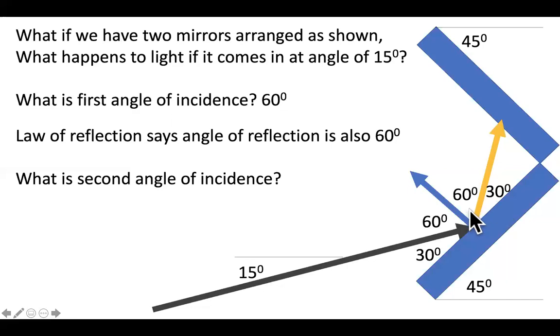Now, you could say, why do we keep using this? Why shouldn't I just use this? This is 30 degrees, this is 30 degrees, isn't this easier? And in a lot of cases it is. The trick is we're going to have to use a similar sort of rule when light passes into materials. And in that case, this distinction matters. And that's why I'm emphasizing it now.